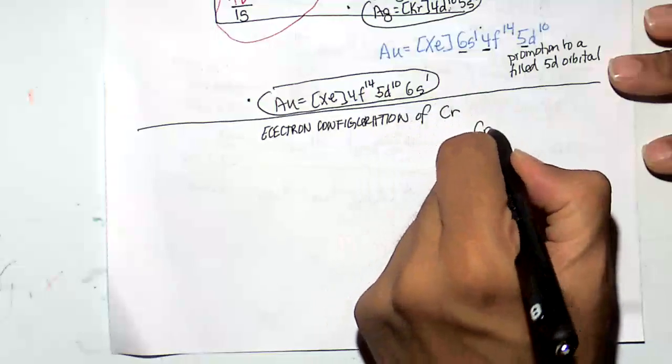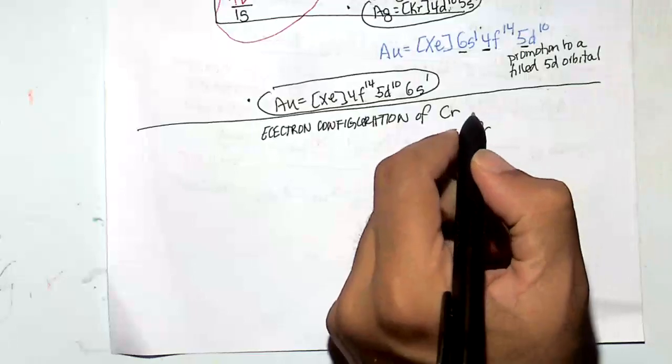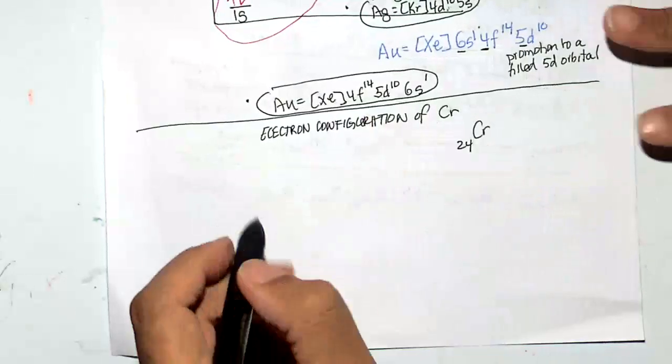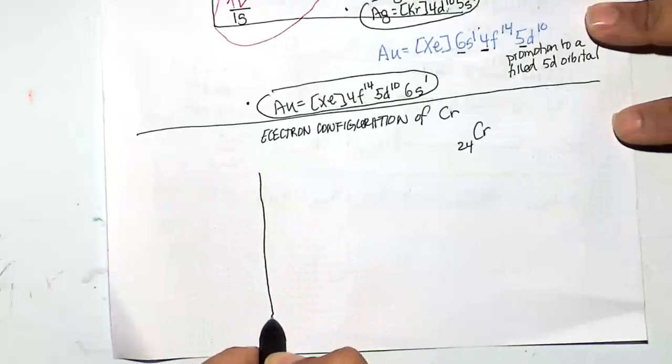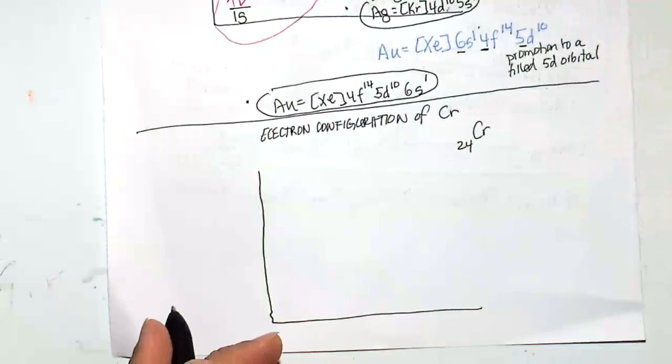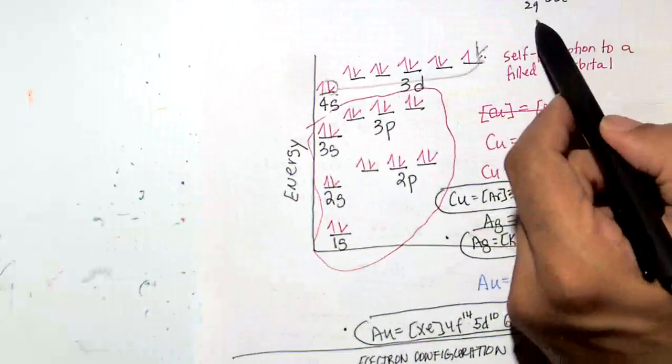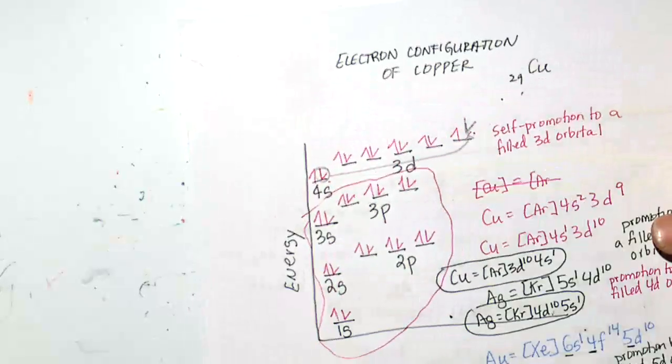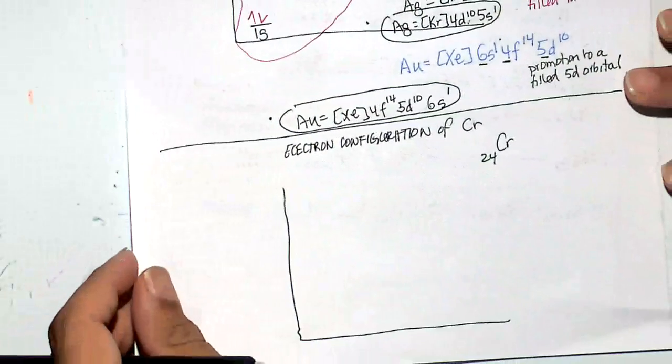So chromium is going to be 24, right? Okay, let's go ahead and do the exact same thing that we did before, but this time, instead of filling 29, we're going to fill 24. All right?